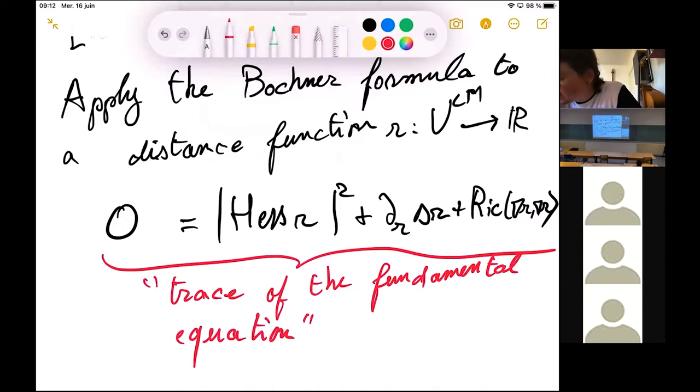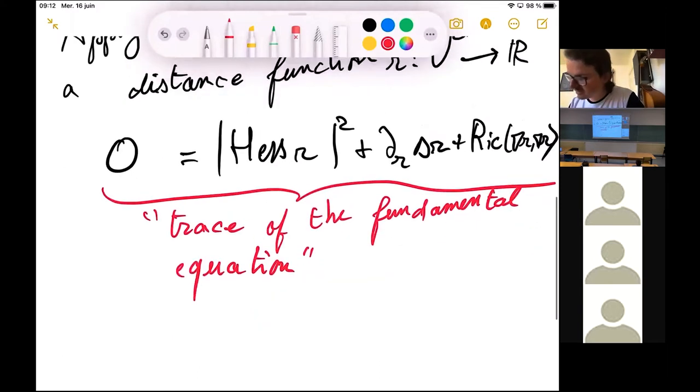Okay, and so we had noticed that the derivative of the Hessian of the distance function was controlled by the sectional curvature, and it told us that the second fundamental form of the level set of the distance hypersurfaces evolved with respect to a certain PDE involving the curvature.